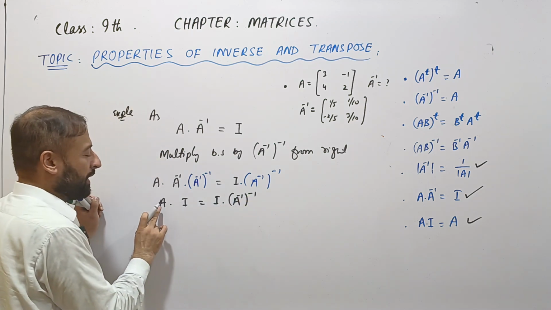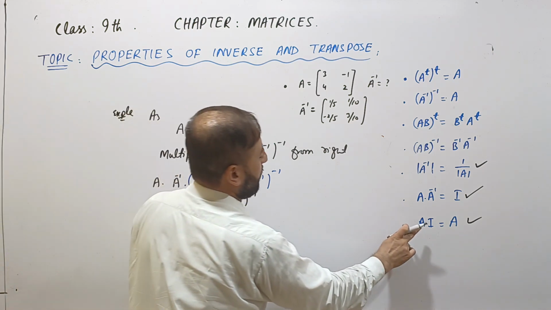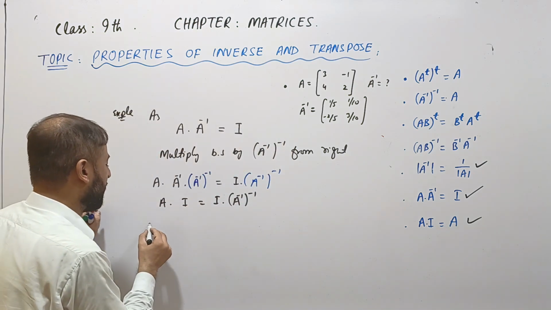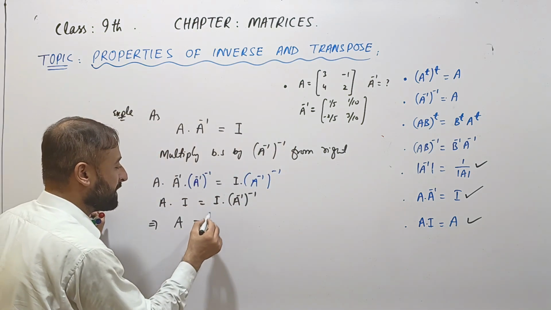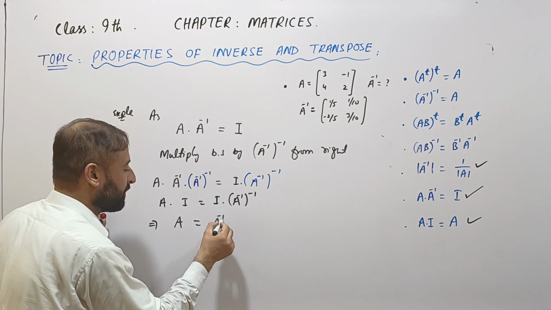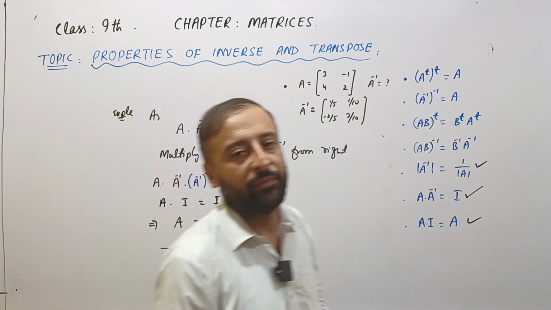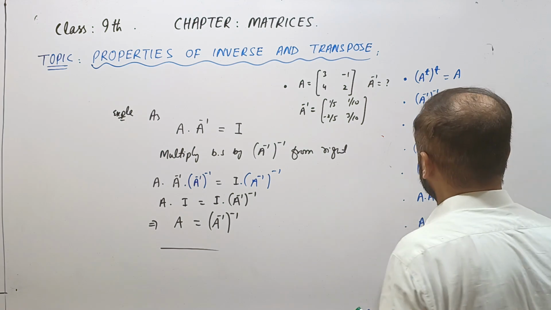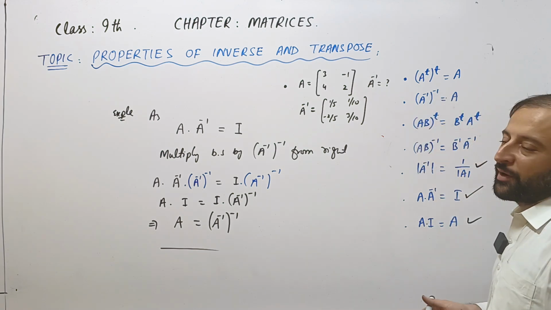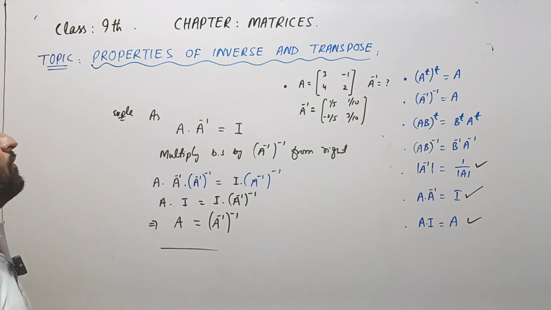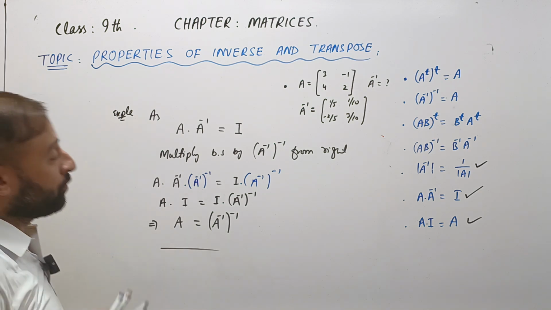Now my students, whenever we have matrix multiplied by identity, result will be the matrix. Identity times A inverse whole inverse. So clearly we see that A inverse whole inverse is equal to A. We proved this result without taking a particular matrix. I assume this is the most suitable way.